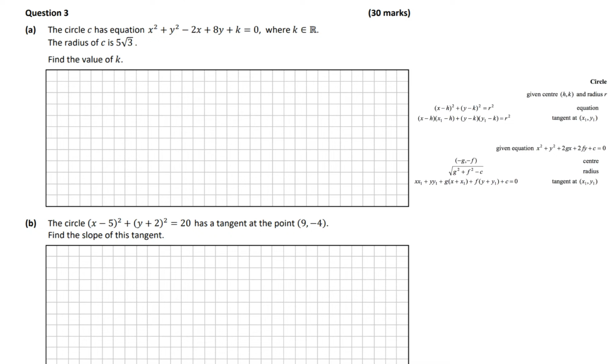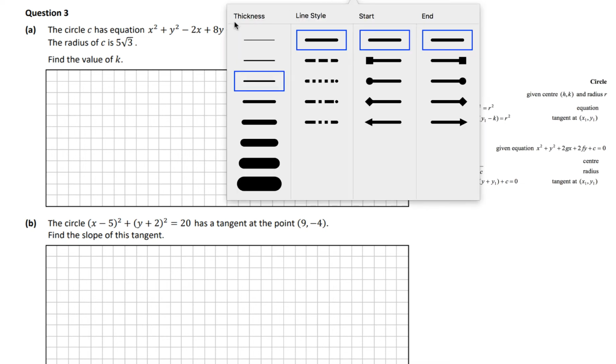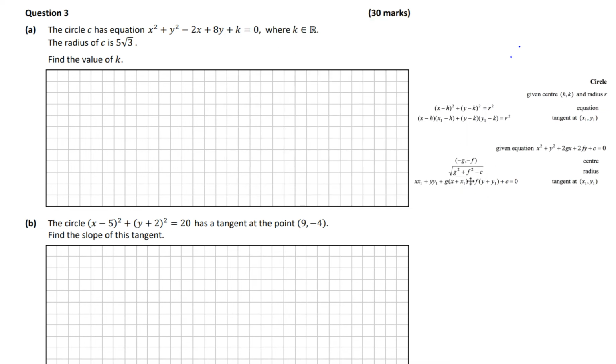Okay, well, from our tables book, this here is taken from your tables book. So when the circle equation is given in this form, we know that the radius is the square root of g squared plus f squared minus c, where minus g, minus f is the center.